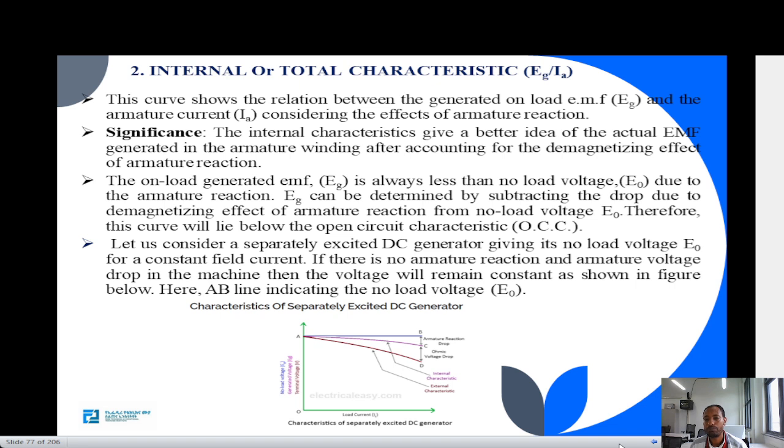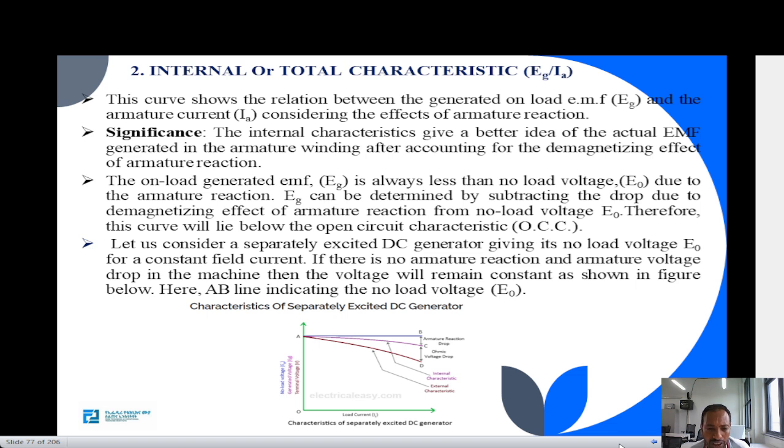So by considering that effect, if we try to plot the generated EMF on load against the armature current, EG versus IA, it gives you the internal or total characteristics.